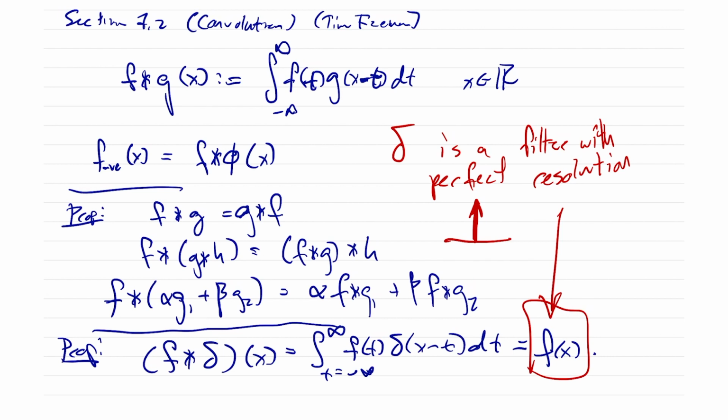We've talked about delta sequences in the past, where basically we're going to be using spikier and spikier functions, for instance, or even like the moving average filter, if as we take t to go to 0, gives us a delta sequence.